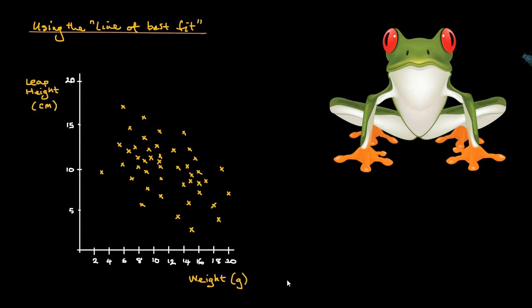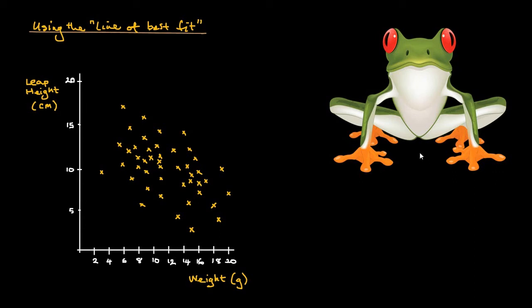Okay, so here we have the example of some tree frogs. So this is a diagram showing the data gathered from an experiment involving tree frogs, and tree frogs have this unusual property apparently of, unlike ordinary frogs, they tend to hop or jump vertically rather than in a forward direction.